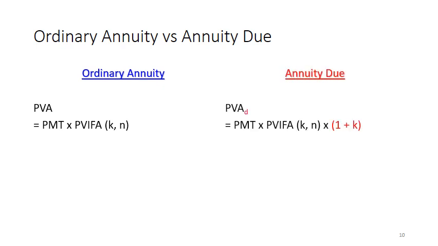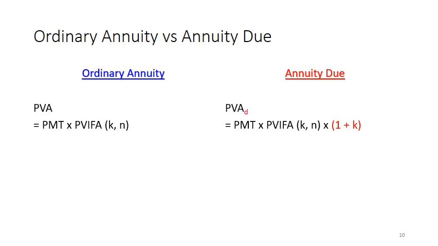Ordinary annuity versus annuity due. This is the formula for ordinary annuity, and this is the formula for annuity due. Please compare the two formulas. What is the difference? There's one slight difference here. It's 1 bracket 1 plus k in red.